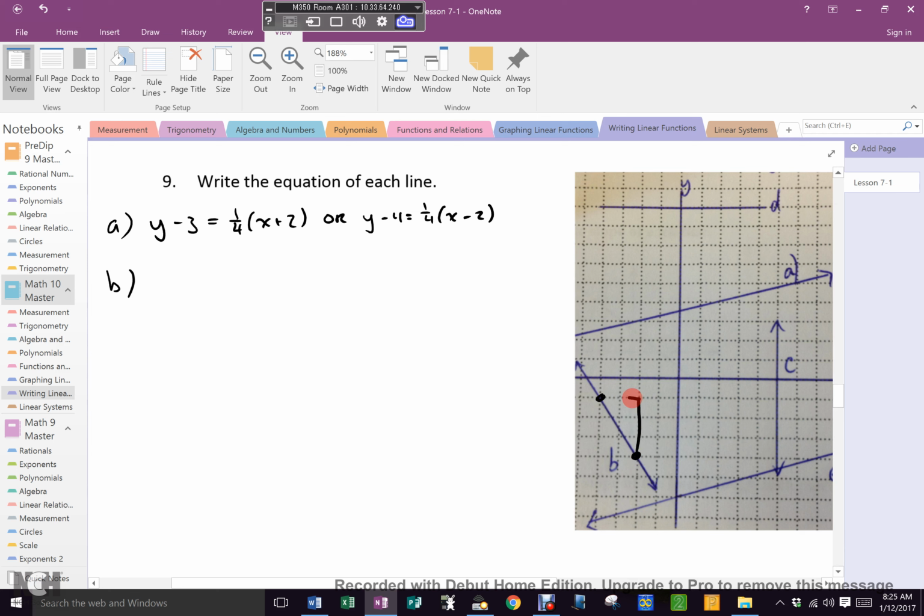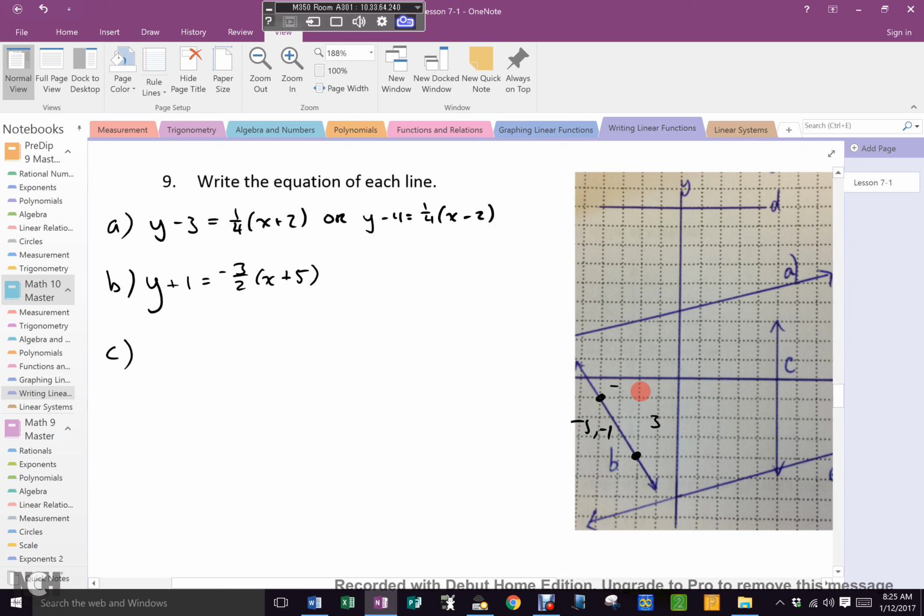Up 1, 2, 3, left 2. So it's 3 minus 2. And then I just put in my work. I can use either point. That one's -5, -1. So y plus 1 equals -3/2 x plus 5. Everybody good? Any questions?